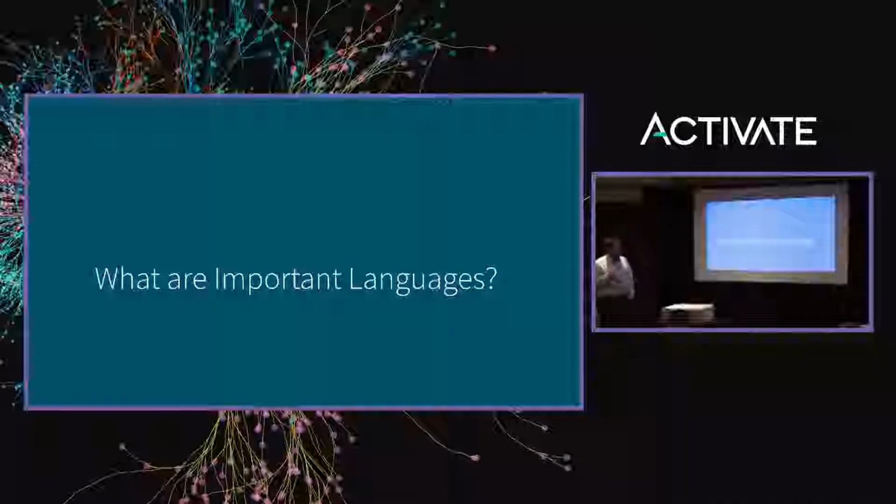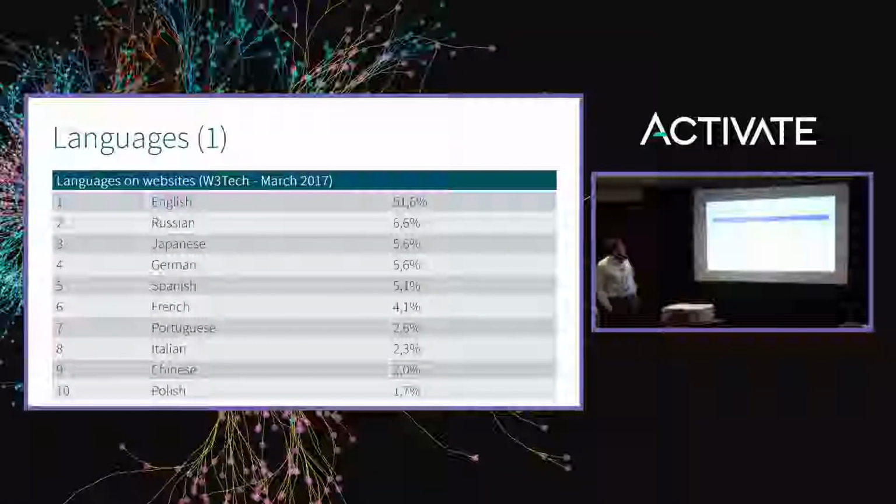As this talk is more about language than about technology and the pitfalls of different languages, we want to have a quick overview of what the important languages are. As you might guess, English is winning most of the competitions, but it's interesting what's next, and English is not winning all the competitions. One measurement may be what languages are on websites, just as a general idea of what the important languages are.